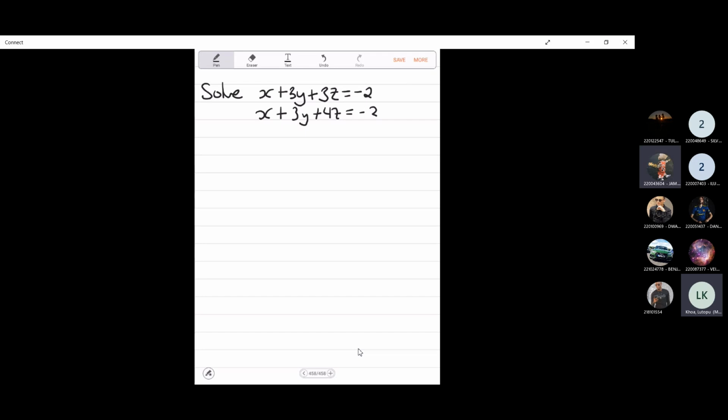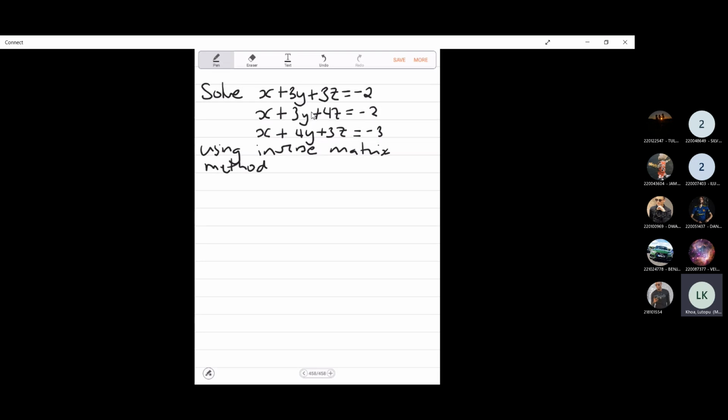And then we have X plus 4Y plus 3Z, this is equal to minus 3. And now we have to solve for X, Y, and Z using the inverse matrix method.